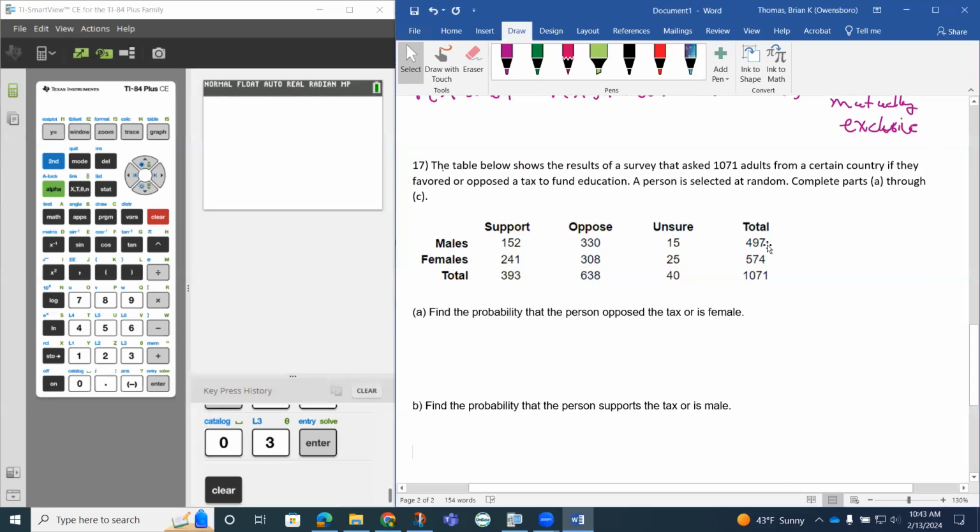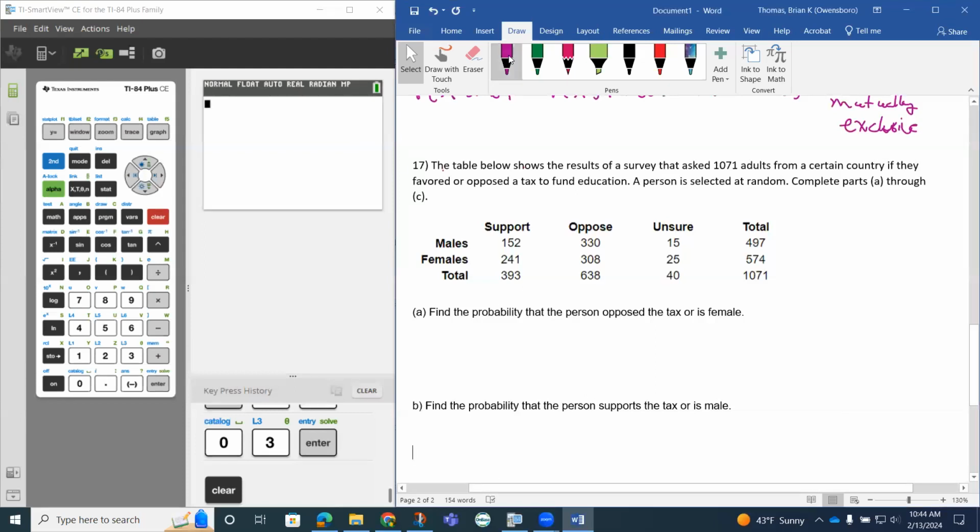We have 497 males participating. Females: 241 support, 308 oppose, 25 are unsure. So 574 is the total females. The total support is 393, the total opposed is 638, the total unsure is 40, and the entire sample space is 1,071.